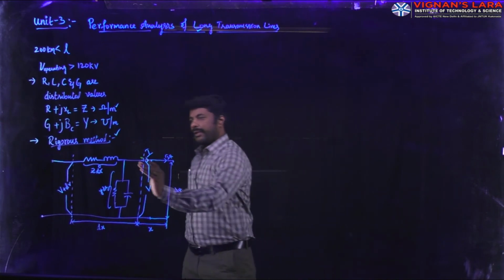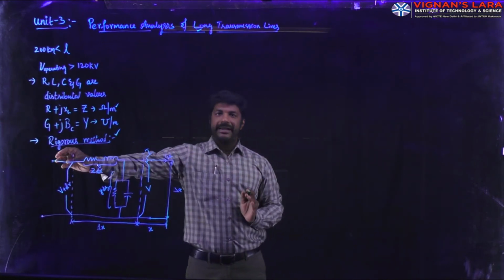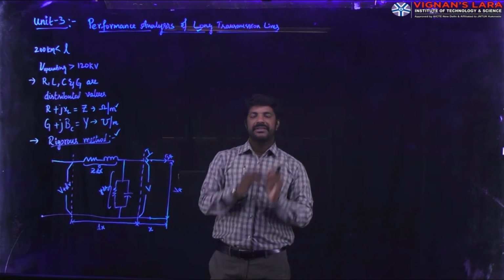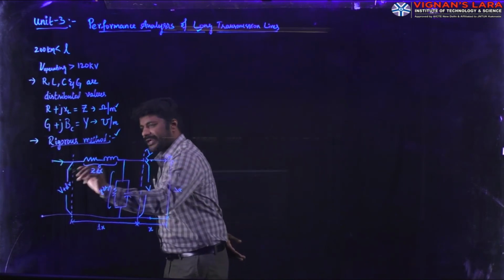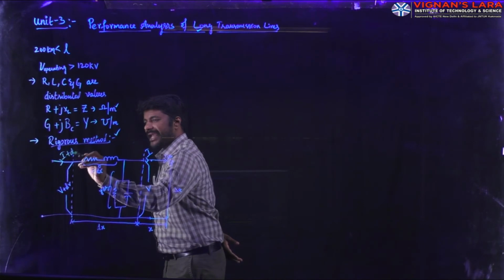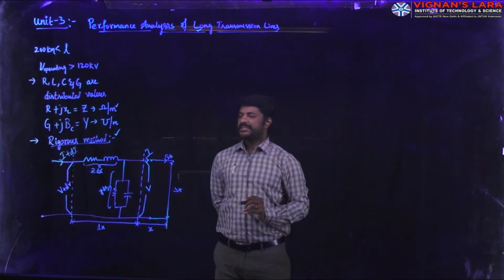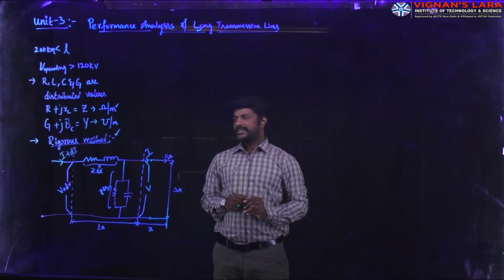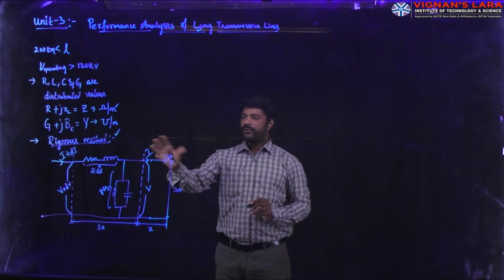So before this sectional length there will be more current, and after it less current, which is why the current entering this section will be I plus dI. V plus dV is the front side voltage of the sectional length considered, and I plus dI is the front side current.